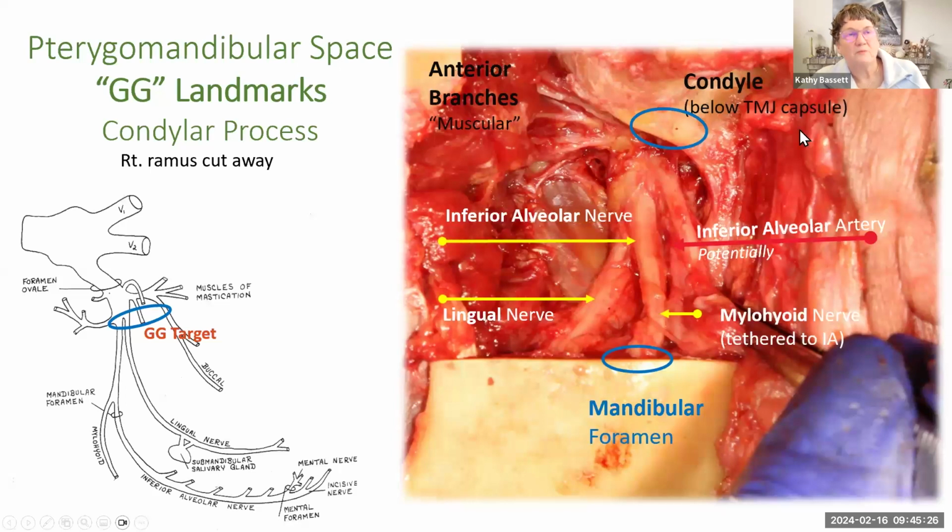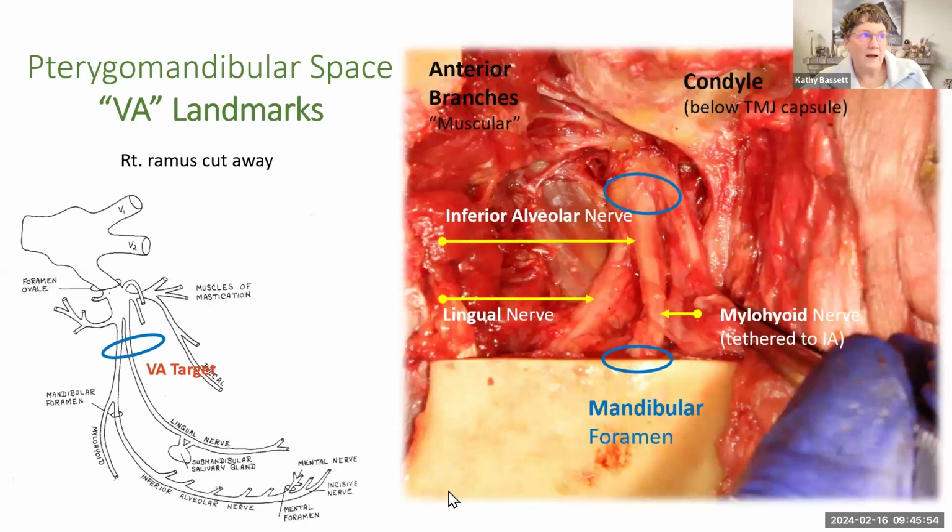So here's the blue circle on the right. That's the area where we're going to deposit our solution. And that's right at the level where the buccal branch comes off and makes its way down medially, and then crosses over the ramus at the retromolar triangle area. All this area is surrounded by dense adipose tissue at that level.